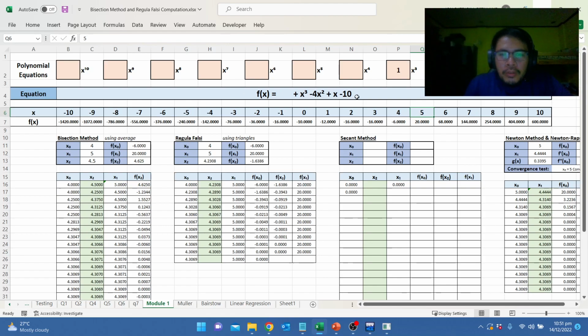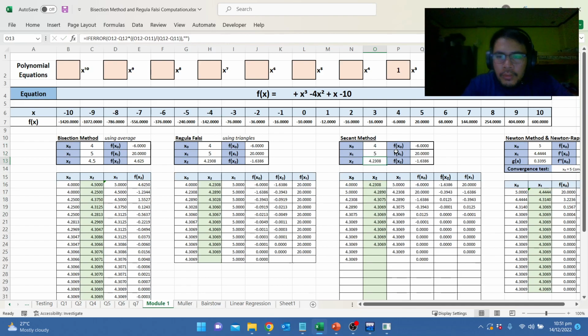Since we're using the secant method, I'm going to use this table. First, let's input the 4 and input the 5.